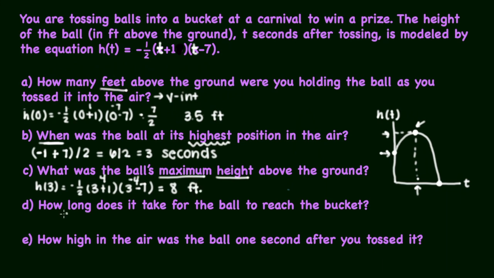Now, how long does it take for the ball to reach the bucket? So we're looking at how long it takes from when you tossed it at 0 seconds to this point right here. And this is an x-intercept, the time it takes. So we're going to find the two x-intercepts. So t plus 1 is equal to 0, and t minus 7 is equal to 0. So that's t is equal to negative 1, and t is equal to 7, because you add 7 to both sides.